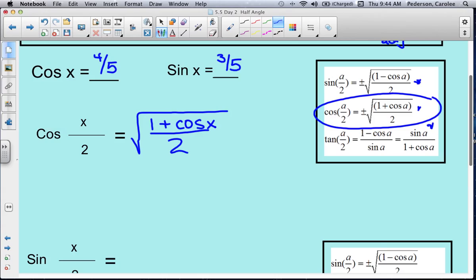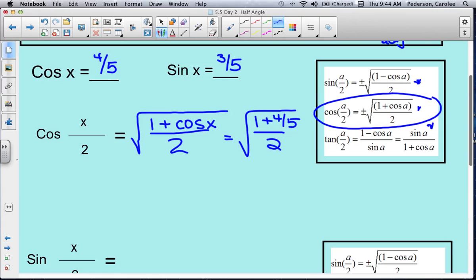Do we know what the cosine of x is in this right triangle? Yep, 4 over 5. So now we can go ahead and substitute in what is the cosine of x. It is 4 over 5. Now, a lot of the rest of this example, like yesterday, is reducing, with lots of fractions, lots of radicals going on again.